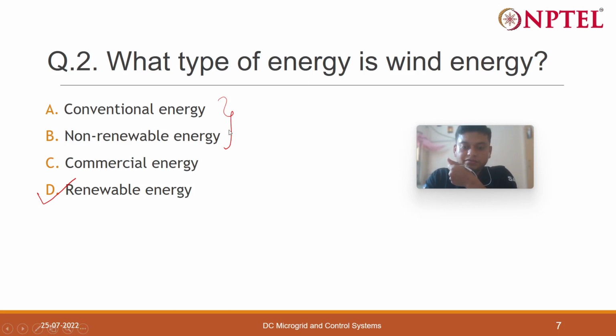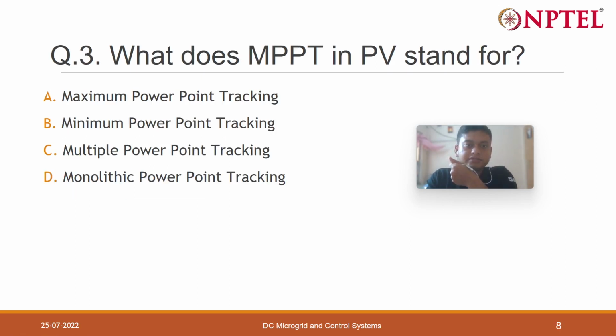Now we will see the next question. Here it is. This question comes from PV. What does MPPT in PV stand for? The first option is maximum power point tracking, B option is minimum power point tracking, C option is multiple power point tracking, and D option is monolithic power point tracking.